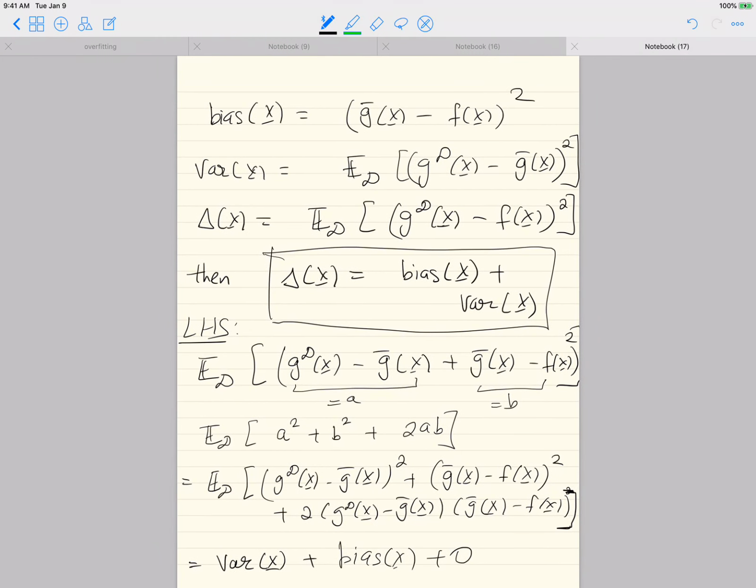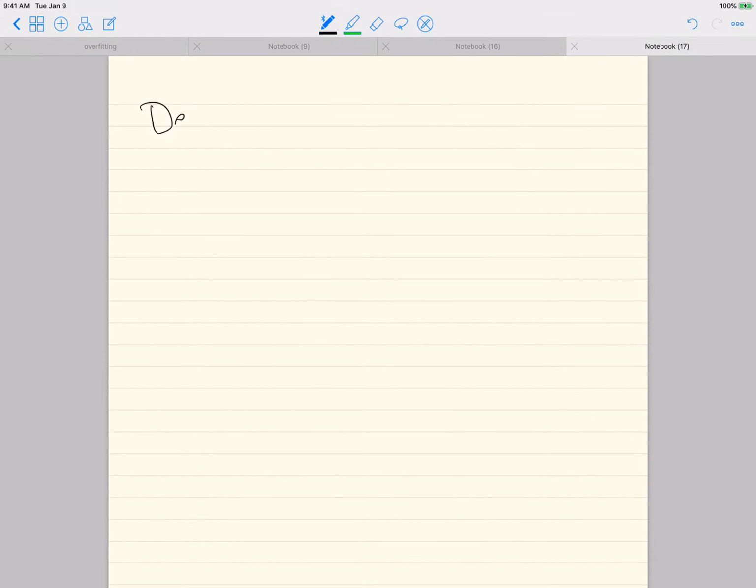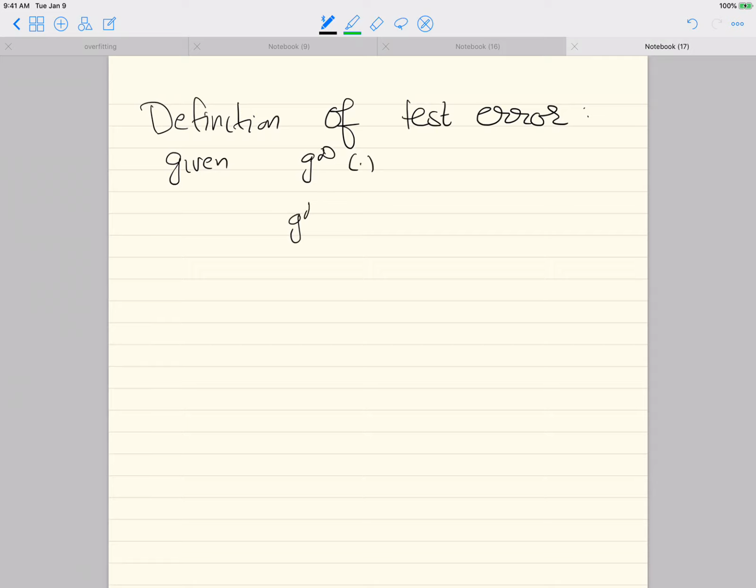Now this looks good, but there is a small difference between how we define delta of X and how we defined the test error originally. In our original setup, we would fix D, we would get an output, and then we would take the expectation with respect to X, not G. G would be fixed. So our definition for test error, given the function GD for one training set D, is to compute GD of X minus F of X, squared.